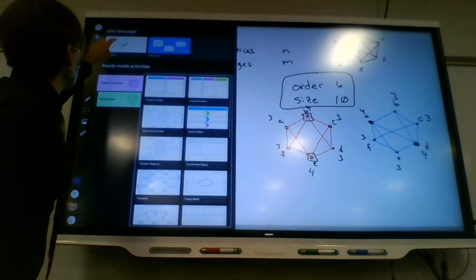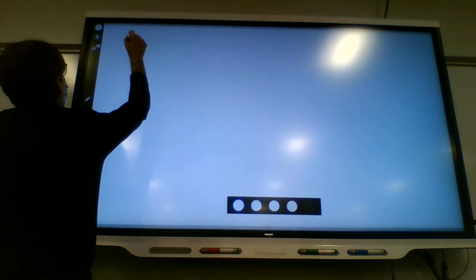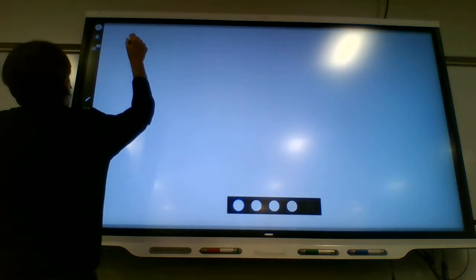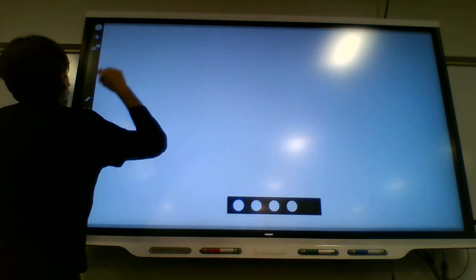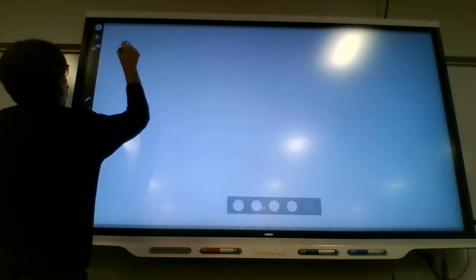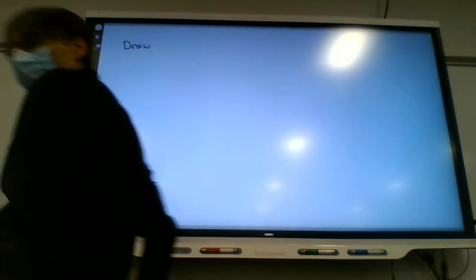All right, so let's see here. Let's draw a graph of, well, let's just draw a graph. Actually, let's have a definition first.